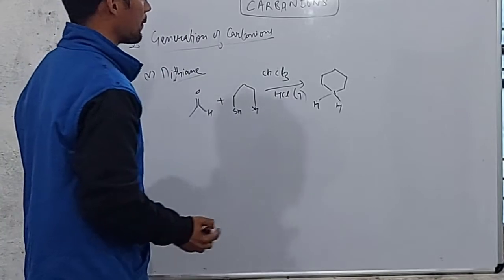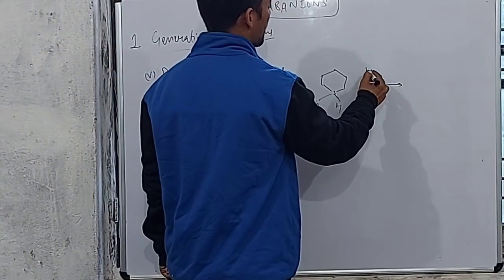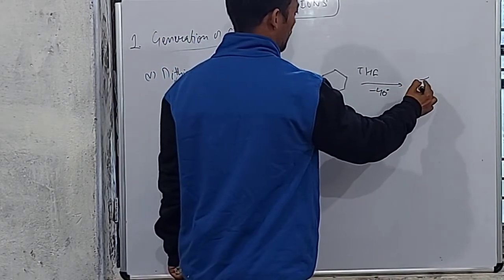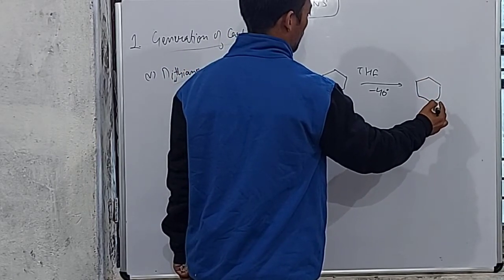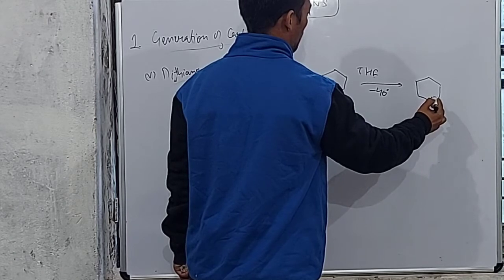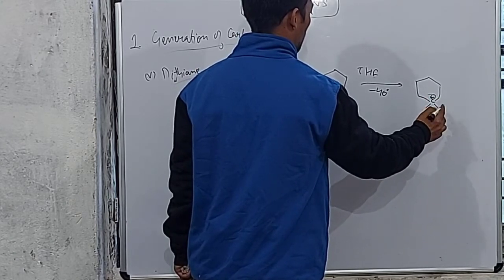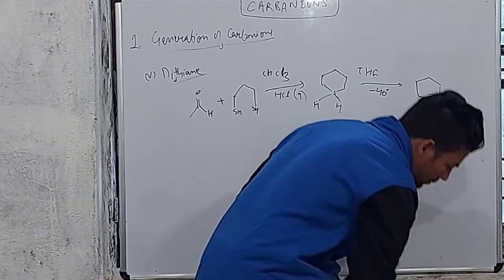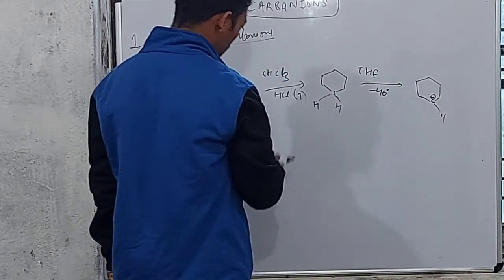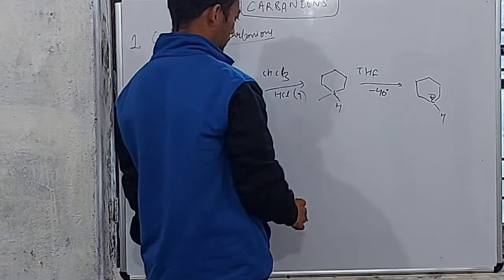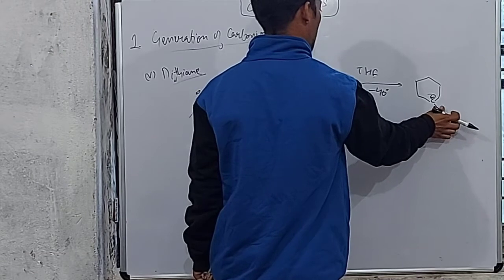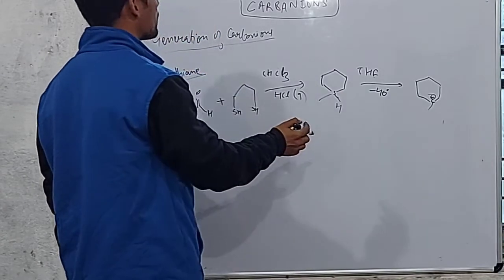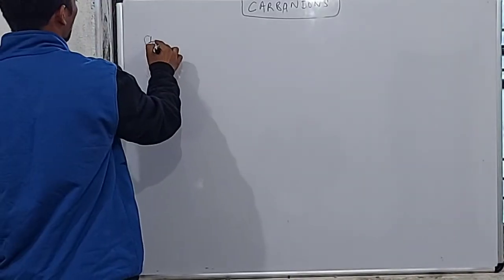Further, when we treat this product in the presence of THF at negative 40 degrees Celsius, we will get a carbanion. This is how we can obtain a carbanion.